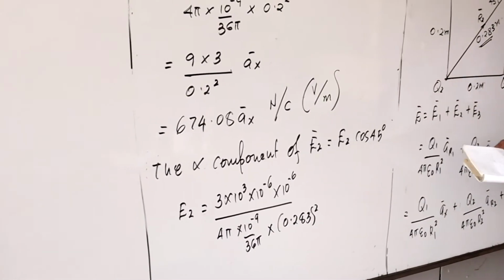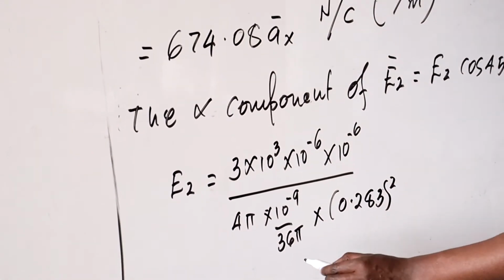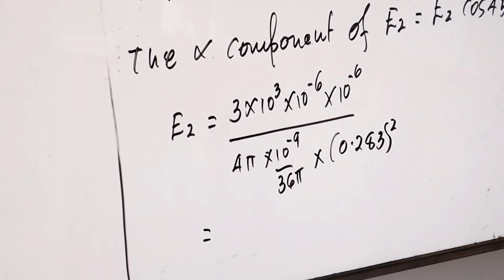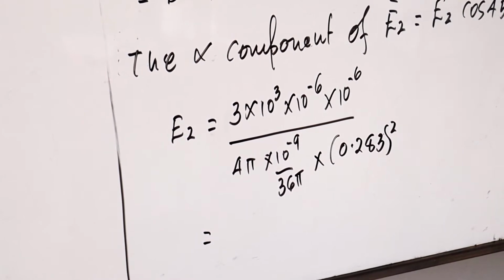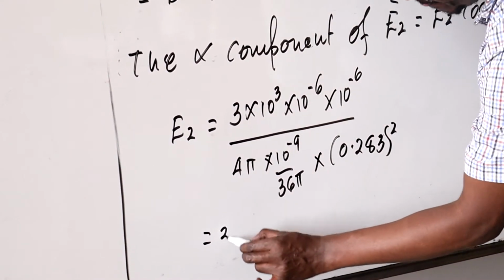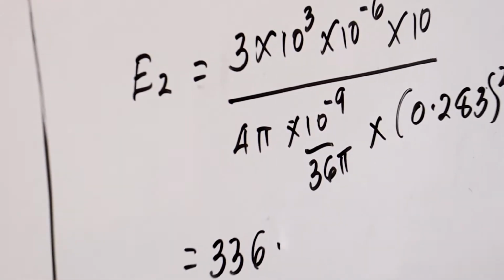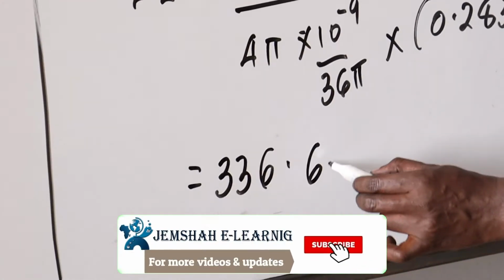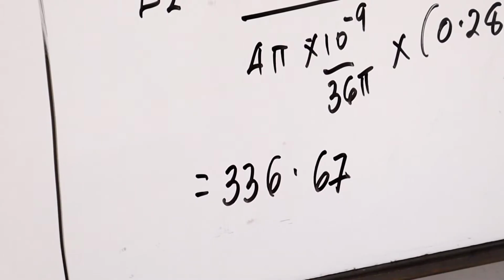If we simplify that, you are going to get 336.67 as our magnitude.